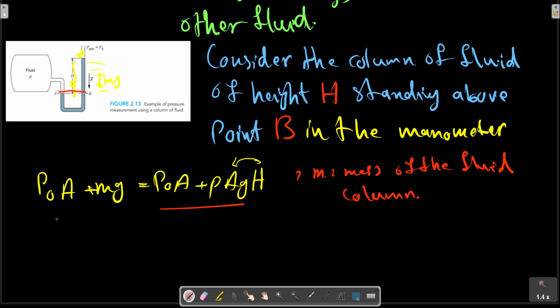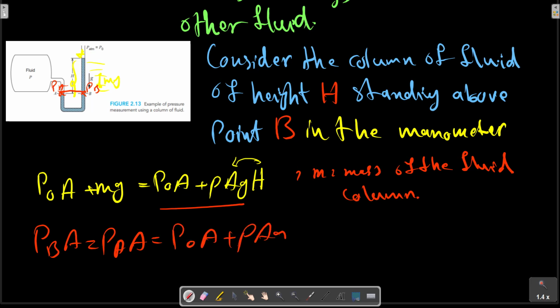This force should be equal to, for example, the PB at pressure B. We also have a pressure A. Because PB equals PA, we have the force, for example here, PB A or PA A, which should be equal to P0 A plus rho A g H. Eliminating the area of the pipe, we have this relation for the pressure at point B. The gauge pressure at point B, the manometer will give us, since points A and B are at the same elevation in the same fluid, these pressures must be equal.